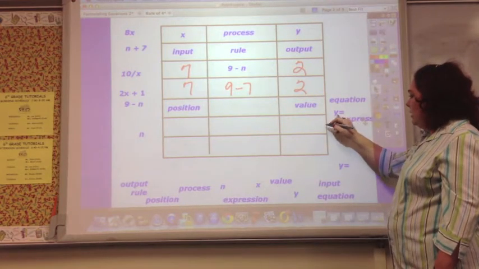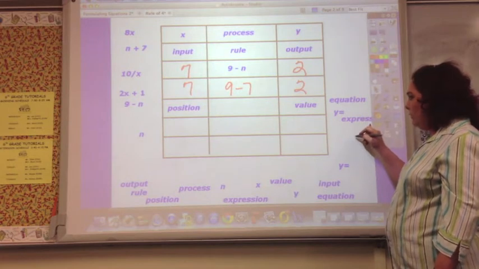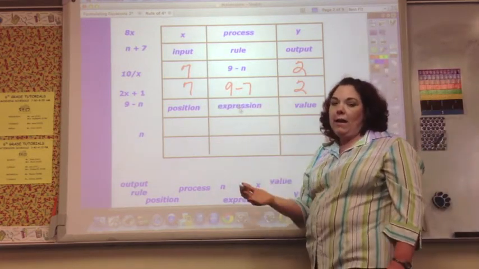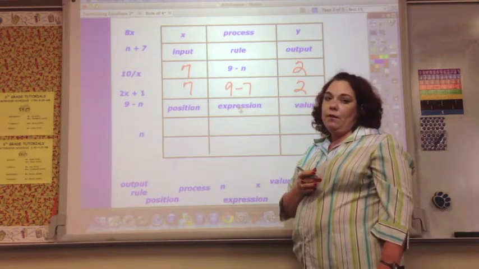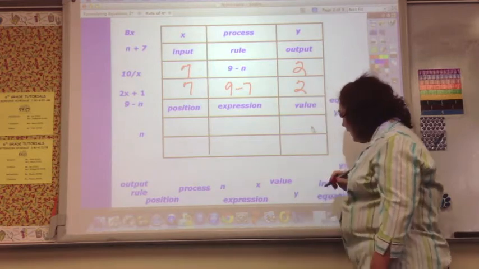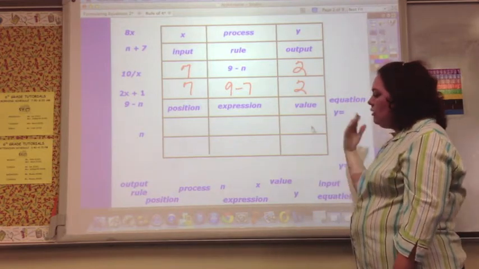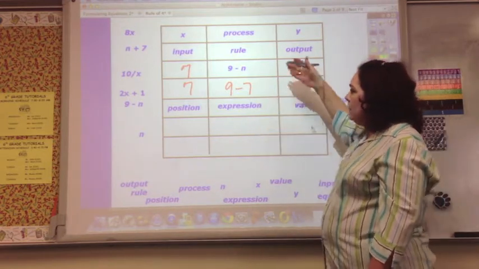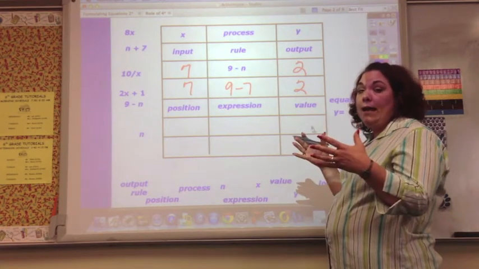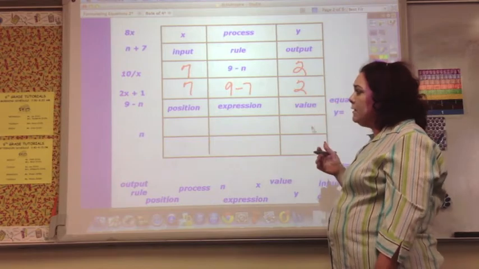So the equation is y equals the expression. That's the only thing that makes an expression an equation, that equal sign. So that kind of shows you all the different things that can be represented in the same way, but with different terms.